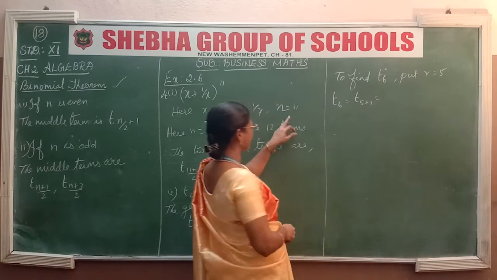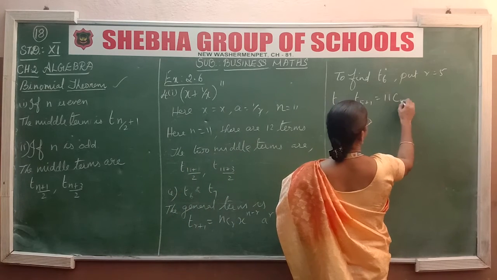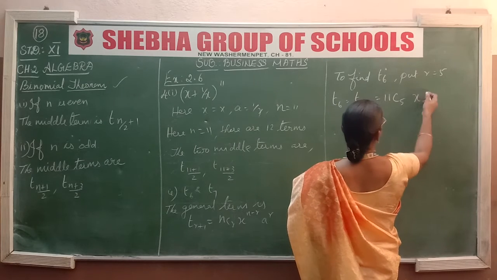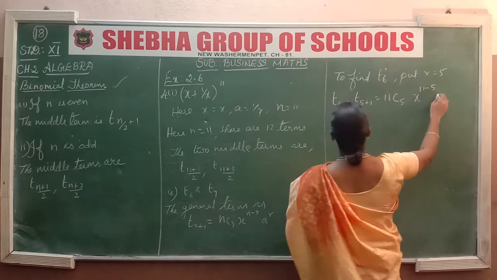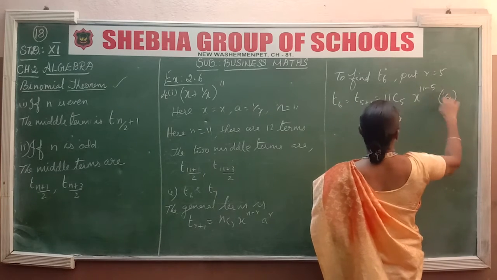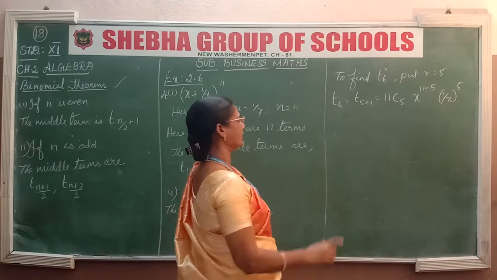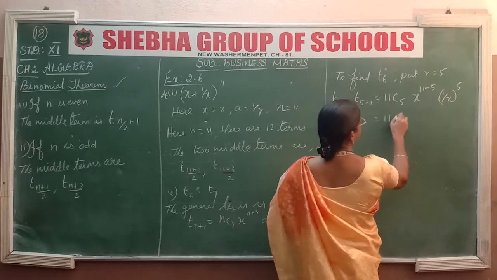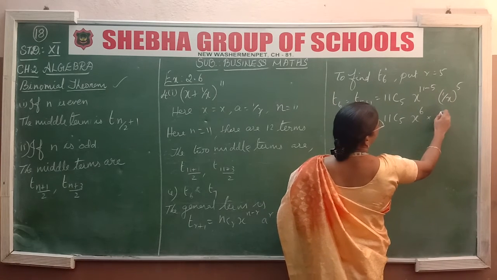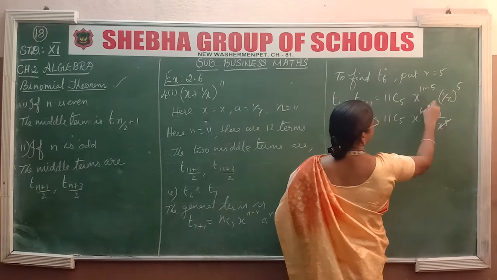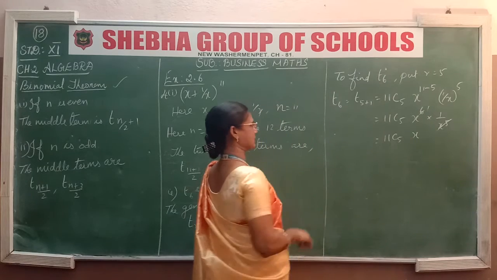Here n is 11. 11C5, and x is x power n minus r, 11 minus 5, into a is 1 by x to the power r is 5, 1 by x whole power 5. This is equal to 11C5 x power 11 minus 5 is 6 and 1 by x power 5. Cancelling we get 11C5 into x. This is our sixth term.